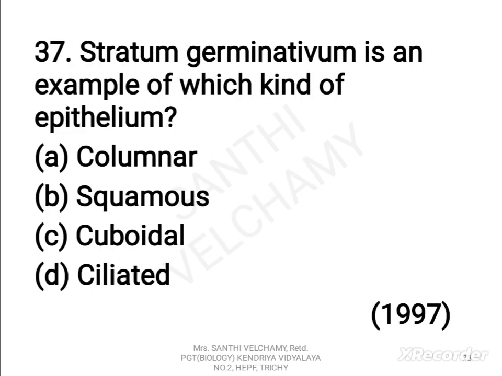Now the next question. Stratum germinativum is an example of which kind of epithelium? A. Columnar, B. Squamous, C. Cuboidal, D. Ciliated. The correct answer is A, columnar. Stratum germinativum is also known as stratum basale or basal cell layer.